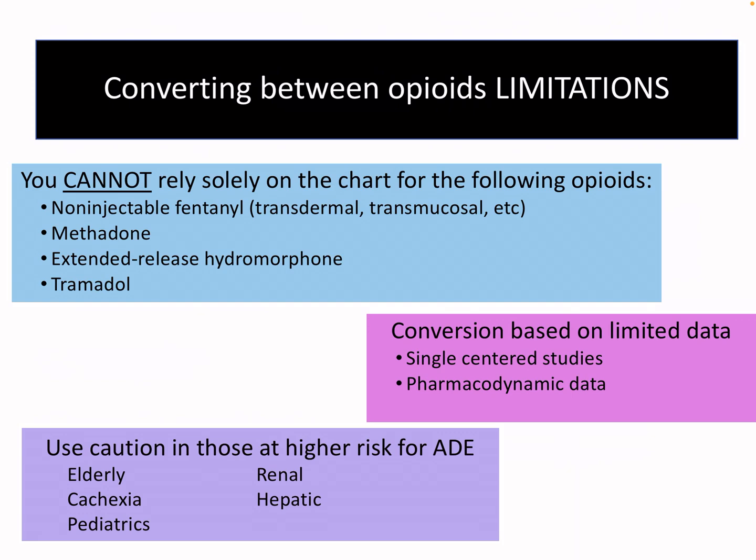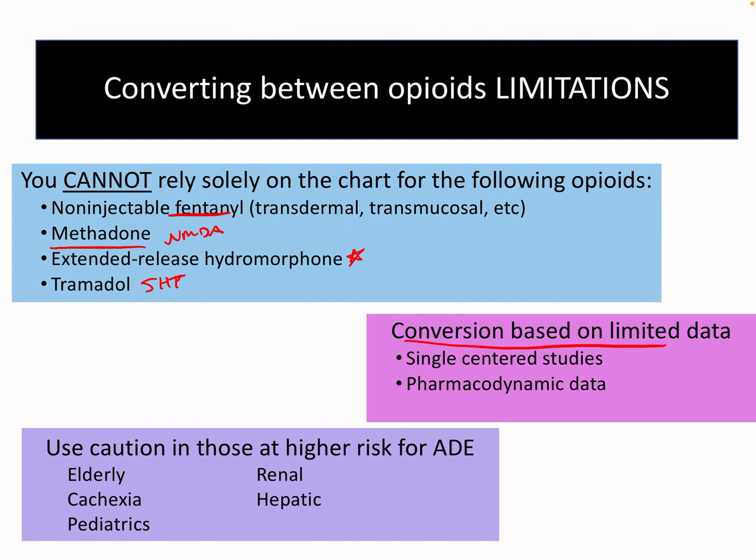Now, whenever we are doing conversions, it is important to remember that there are certain conversions that are a little bit more difficult between opioids. This includes patients that have non-injectable fentanyl, patients on methadone because it has that NMDA therapy, tramadol because it has serotonin-related effects, and that's what makes it hard, and then extended-release hydromorphone based on the release mechanism.